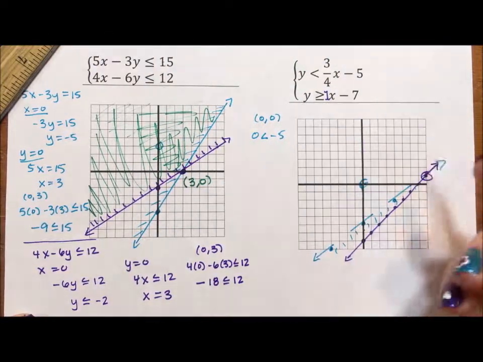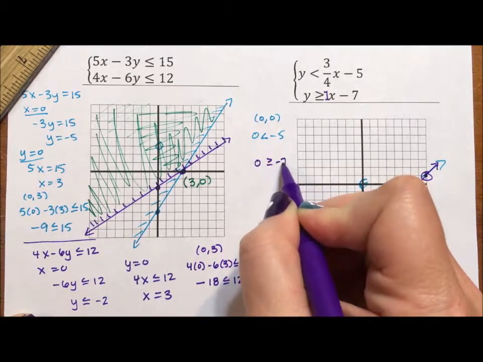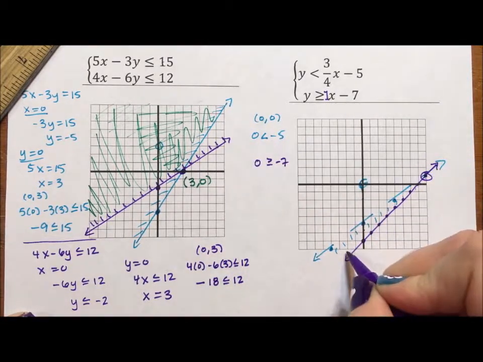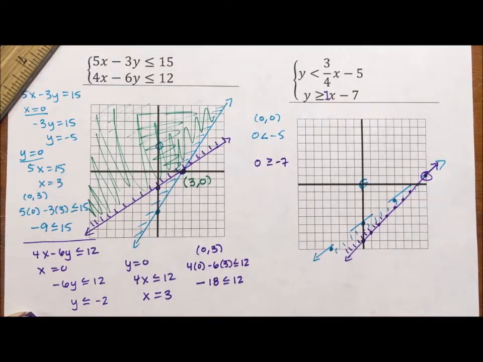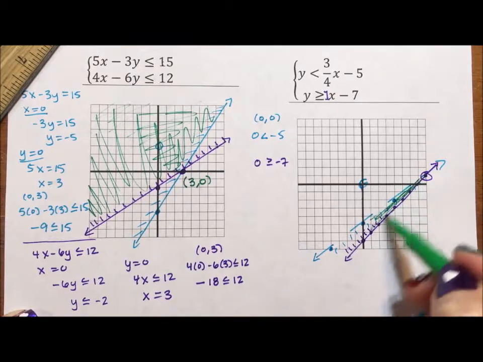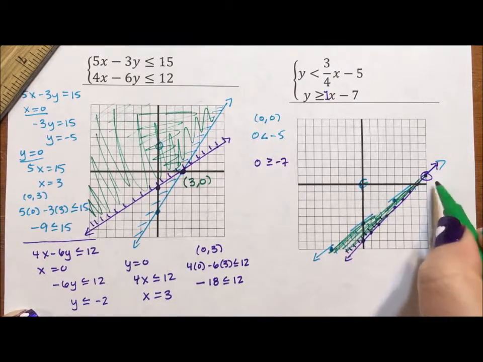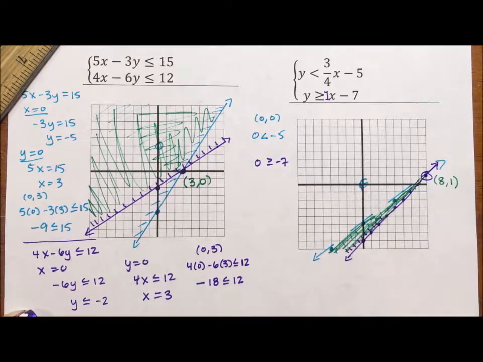For shading, I'll test the origin again. Is 0 greater than or equal to negative 7? That is true. So my answer is this little sliver between the lines, and my intersection point is 8, 1.